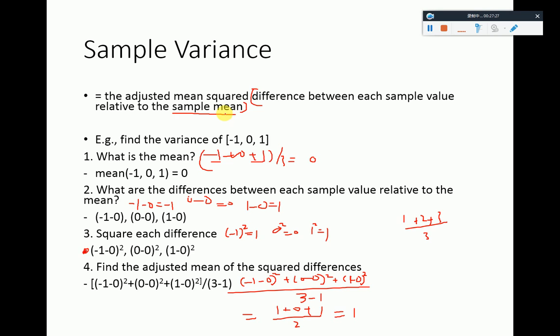Then we square these 3 differences, and then we find their mean. But it's not just any mean, it will be an adjusted mean. It will always be n minus 1. So that's the definition of sample variance.